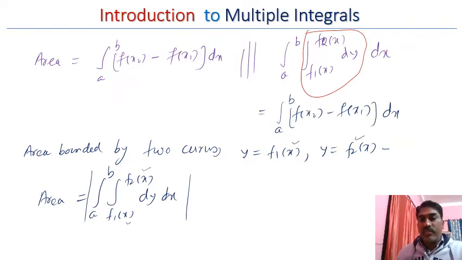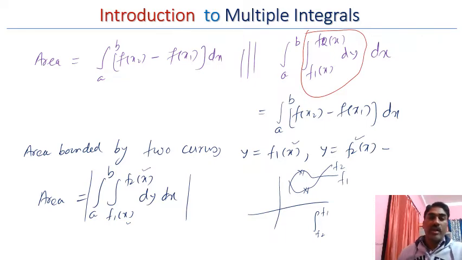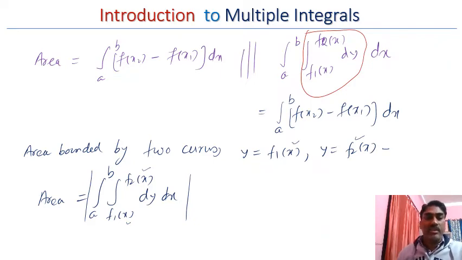Means if you have curves like this, this is f1 and this is f2, then f2 is below and f1 is above, so you will keep f2 in the lower limit and f1 in the upper limit. So this is how we do limits, and this formula depicts how we find the area in the double integral. So this is called the double integral.